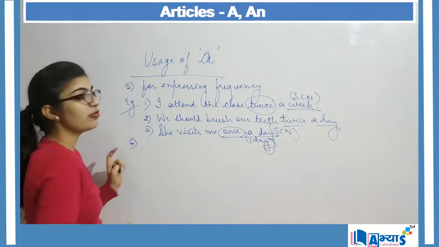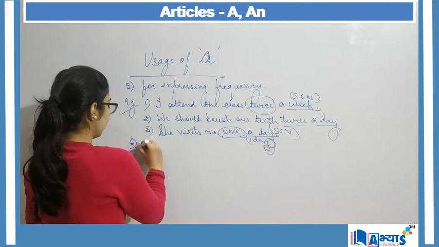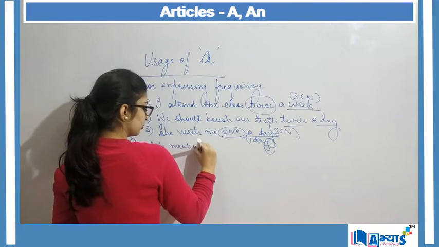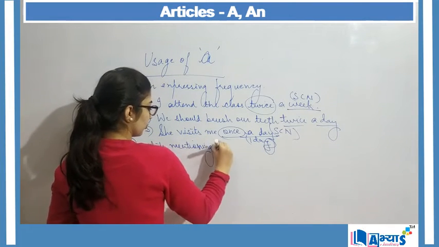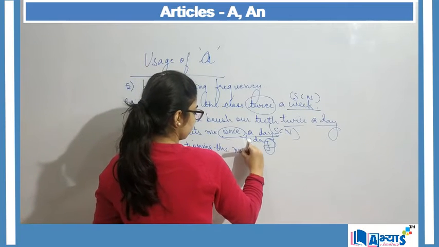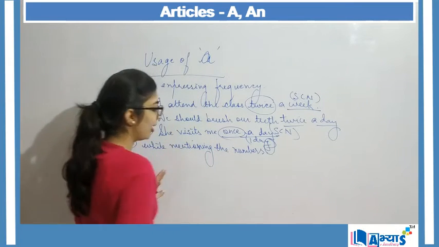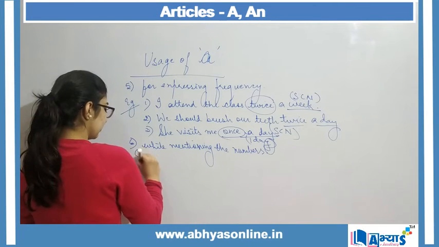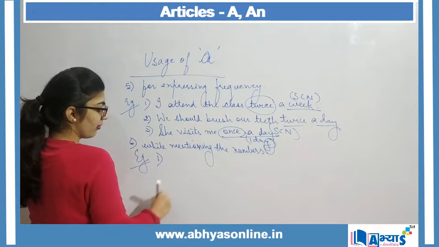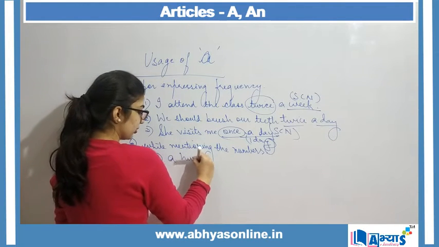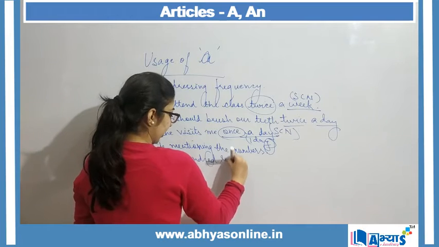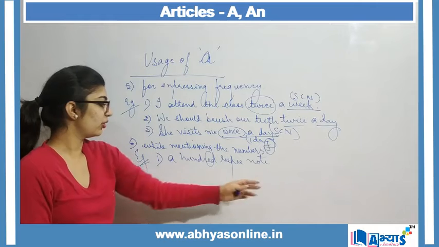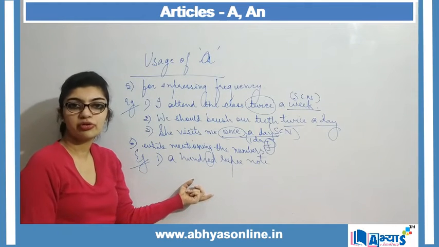Another usage of article a is while mentioning the numbers. So while mentioning the numbers, we can also make use of a. Example: a 100 rupee note. Now 100 rupee note, here I am mentioning the number that I have 100 rupees with me.